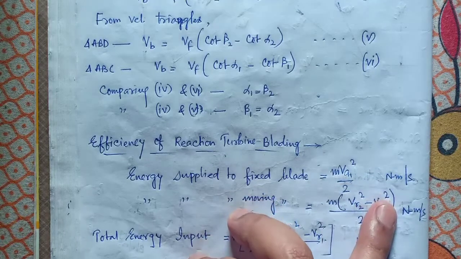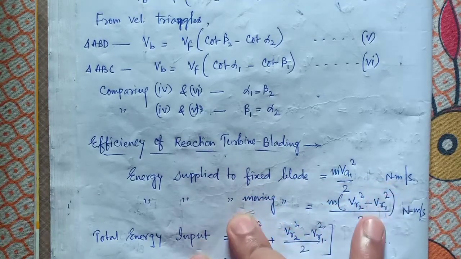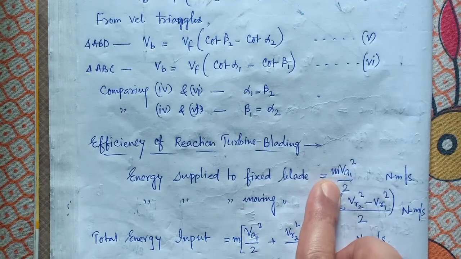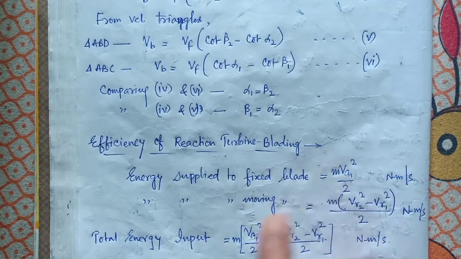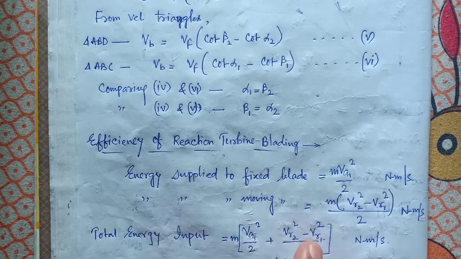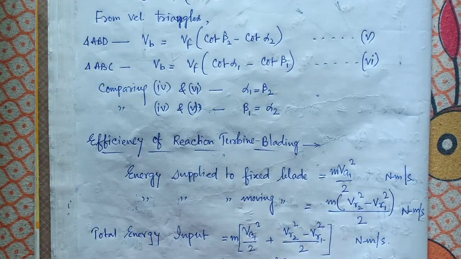It is in newton meter per second, where m is the rate of steam flow in kg per second. And the energy supplied to the moving blades will have fluctuations of energy, that is, maximum kinetic energy minus minimum kinetic energy.